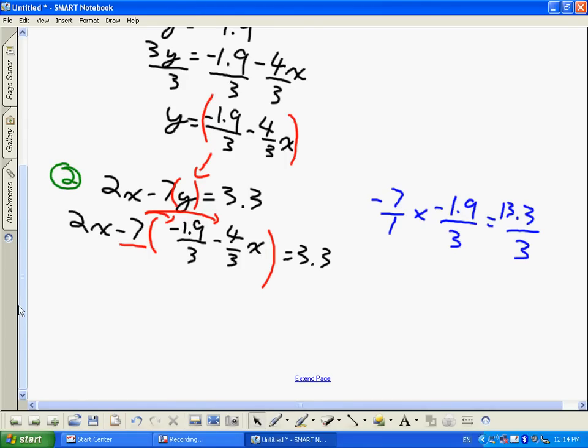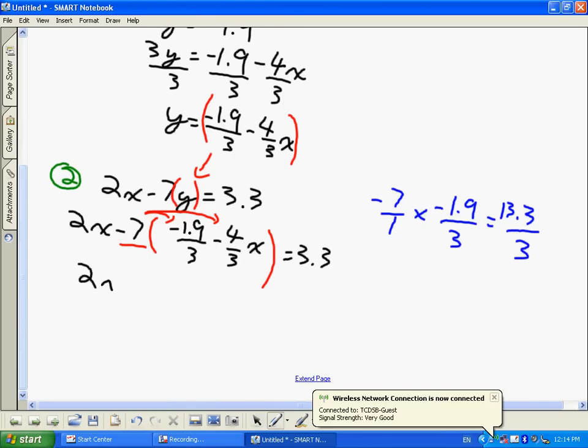So I'm going to leave it as a fraction still. Our very first one's going to be 2x plus, and it becomes positive because I multiplied a negative times a negative, 13.3 over 3. When we distribute the negative 7 times negative 4 over 3, negative 7 once again is a fraction, negative 7 over 1 times negative 4 over 3.